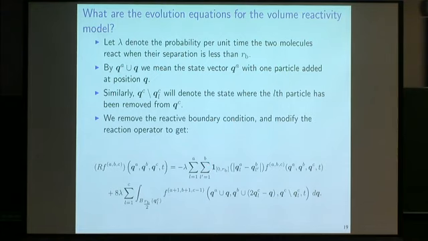So this is 1 when their separation is less than RB, then they'll react with rate lambda, and that takes me out of that state. And then I have to sum over all possible pairs of A and B molecules. How do I get into that state? Well, I have the state where I have one more A and one more B and one less C, and my A and B are positioned to produce the C that I throw away, right?